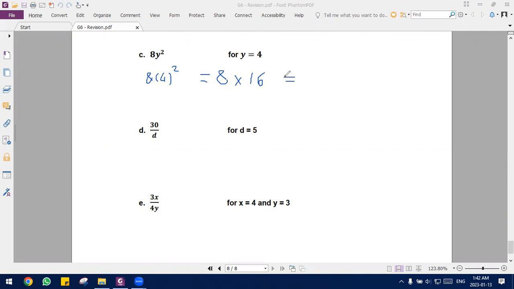So 8 times 16 is 128. Next one, we have 30 over d, which means 30 over 5. Is it done? No, we need to divide them. 30 divided by 5 is 6.